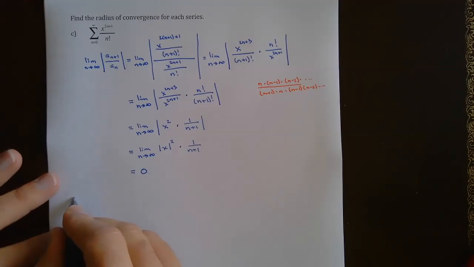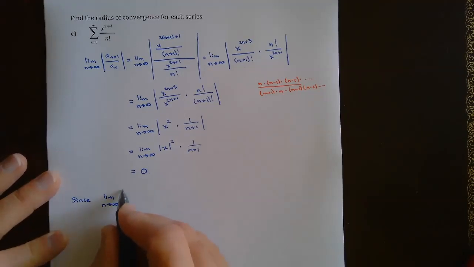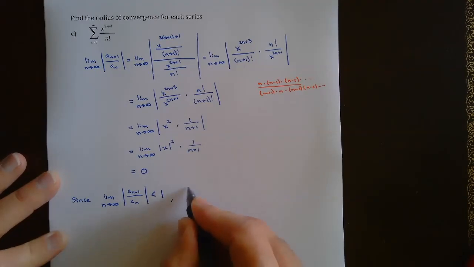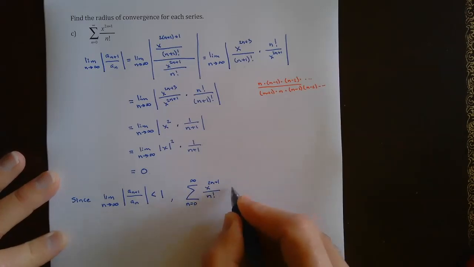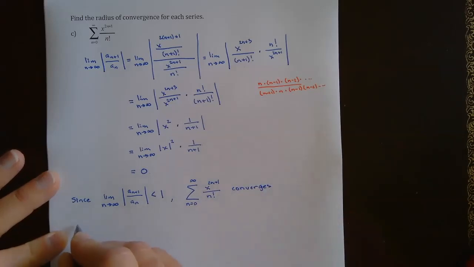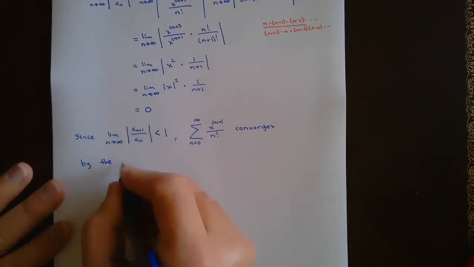So we can write, since the limit as n approaches infinity of the absolute value of a sub n plus 1 over a sub n is less than 1, we know that this series, n equals 0 to infinity, x to the 2n plus 1 over n factorial converges by the ratio test.